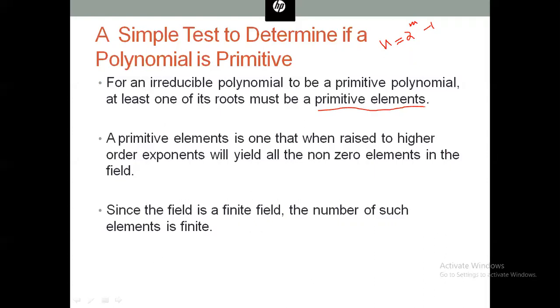For the non-binary case, we have to remember that at least one root of the primitive polynomial must be a primitive element.